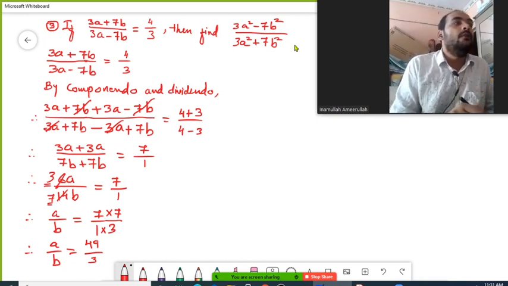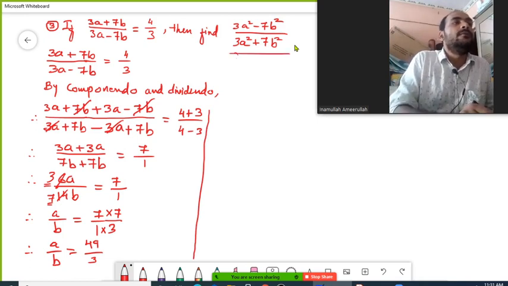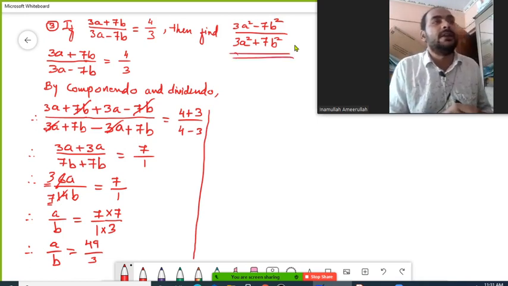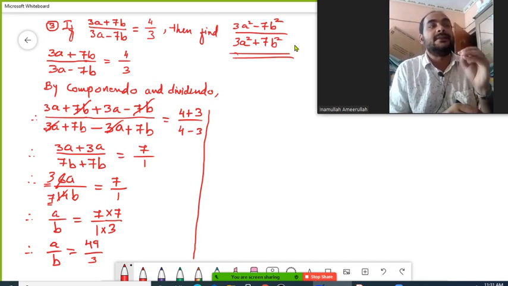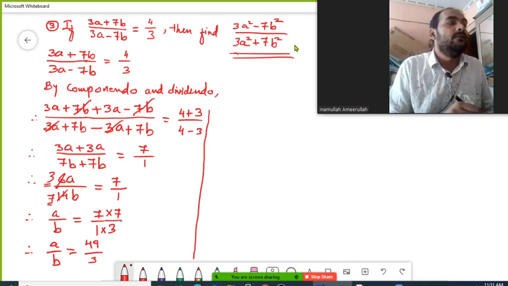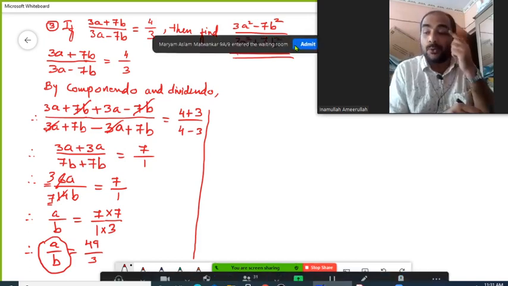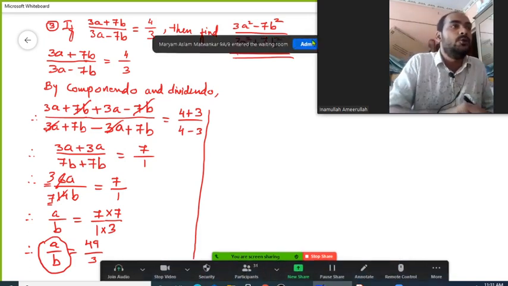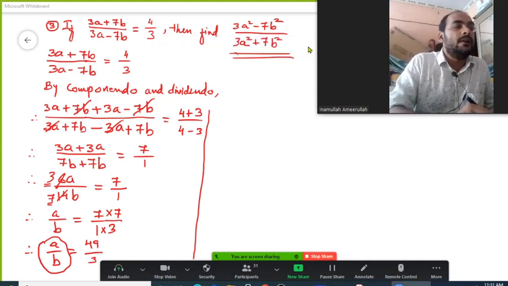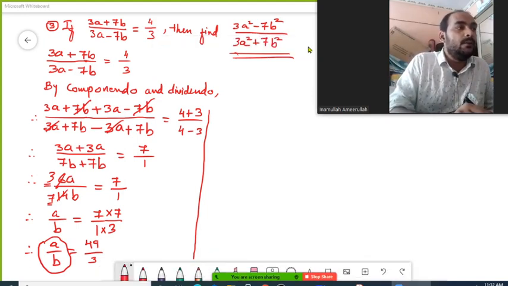Now we have the value of a by b and we need the value of the expressions 3a² and 7b². So first we need to convert this a by b into 3a² and 7b². For that I'll do squaring with a and b.